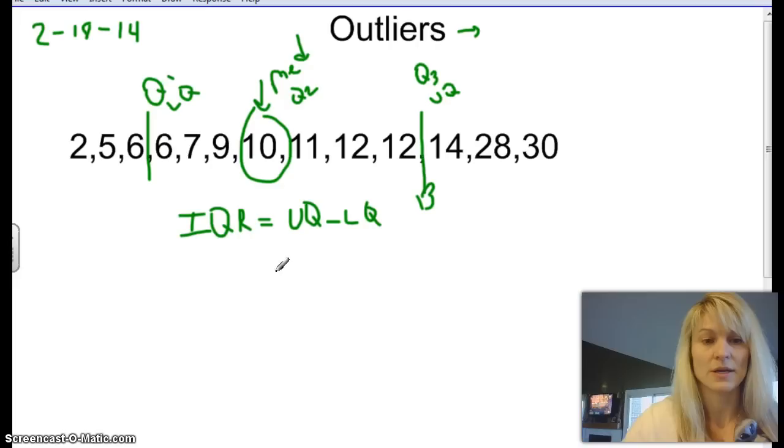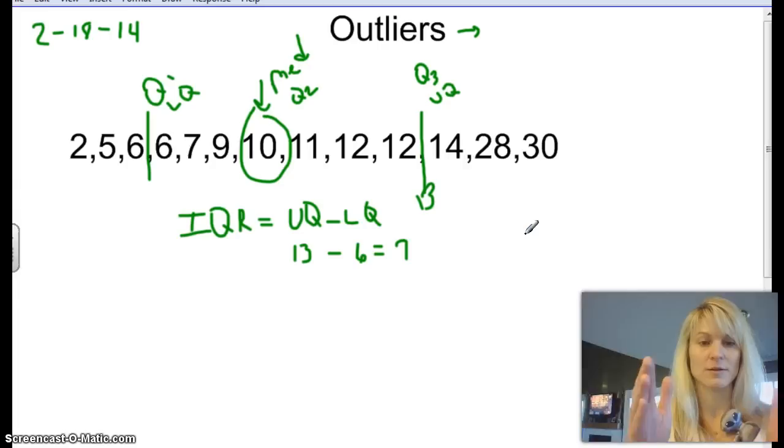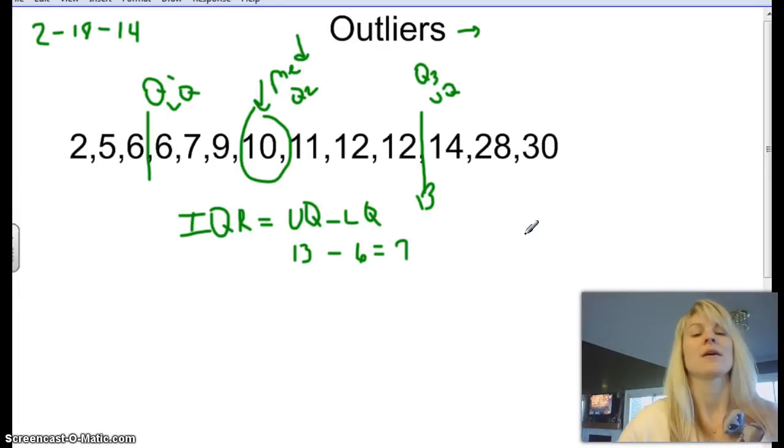So our Q3 is 13. And our Q1, or lower quartile, is in between the 6s, so it would be 6. So we have 13 minus 6 is 7. So the IQR, the interquartile range, is 7. Remember, that's the range of your box, the lower quartile and the upper quartile.